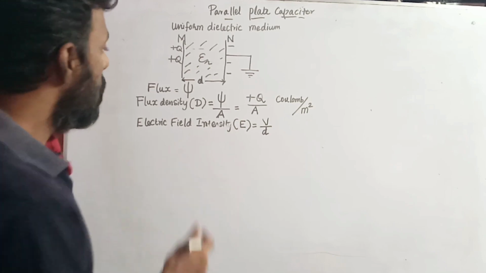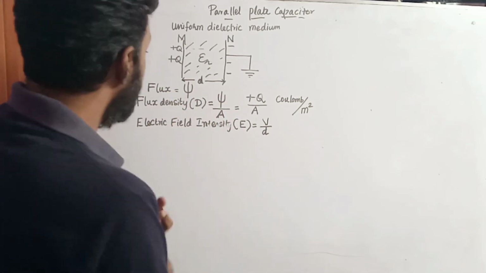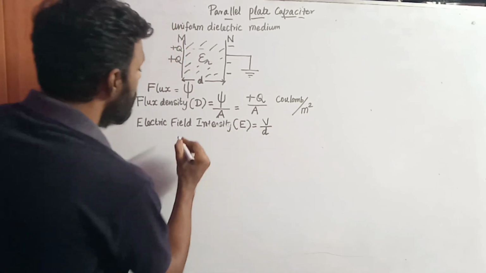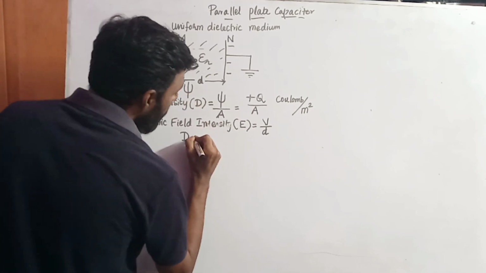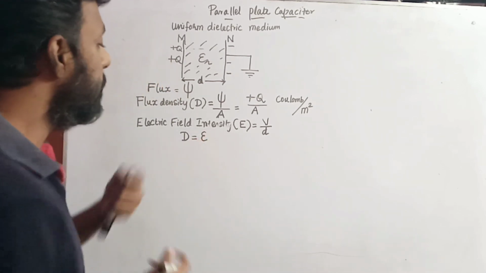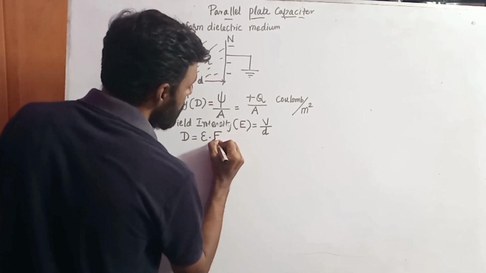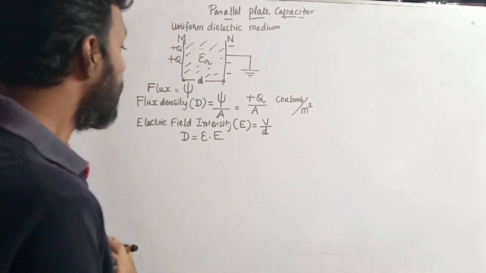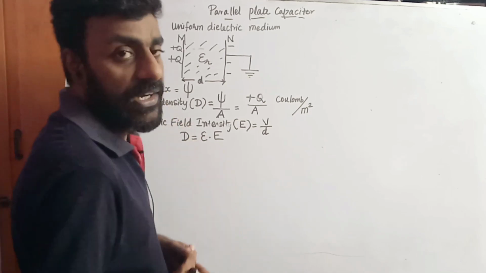Now there is a relation in which I can equate the flux density and the electric field intensity. D, the flux density, will be equal to epsilon, which is called permittivity, into the electric field intensity E. So D equals epsilon into E. This is the relation which links flux density as well as electric field intensity.